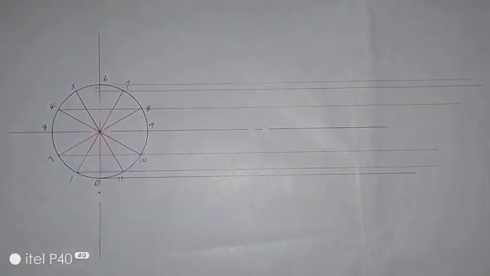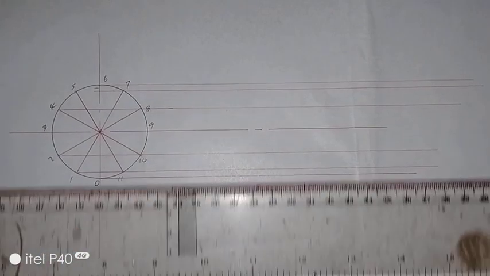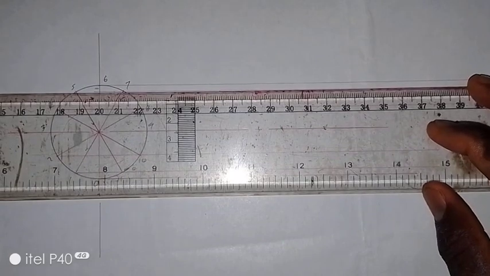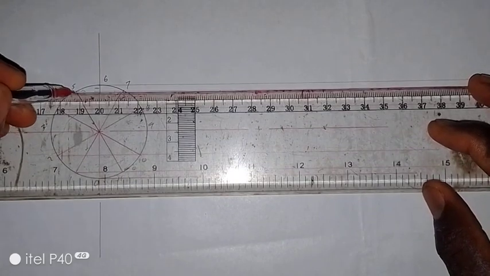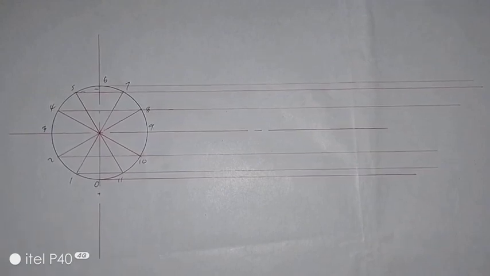Okay, so having done this, the next thing that we are going to do is to calculate the circumference of this circle. If the diameter is 50, what will be the circumference of the circle?